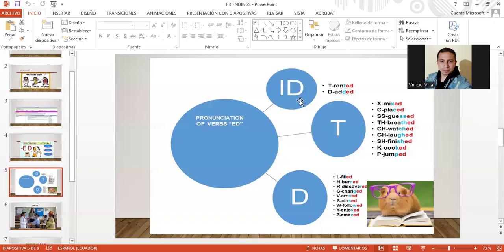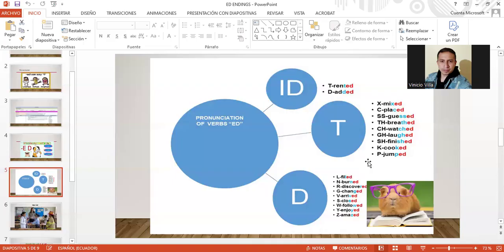Okay, students, focus on the first one, ID. We can see the T and D letters colored in light blue, and after that we have the letters E and D. If you can see, all the verbs have something in common: the ed letters in red color.